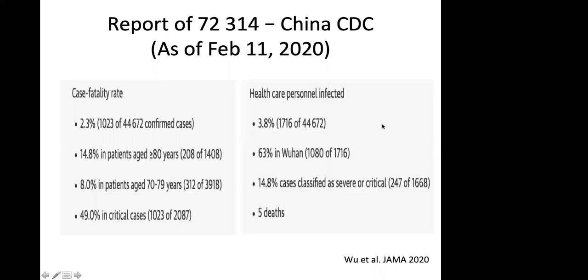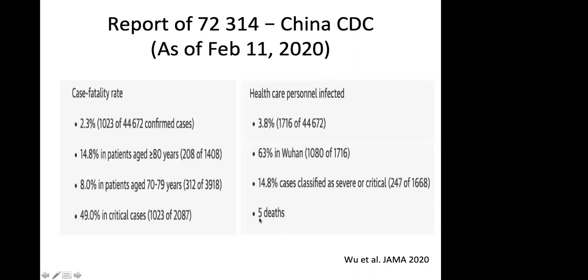And then with healthcare personnel infected, about 1,700 healthcare workers were infected during that initial outbreak in Wuhan. Most of them were in Wuhan. 14% were severe or critical, and there were 5 deaths.